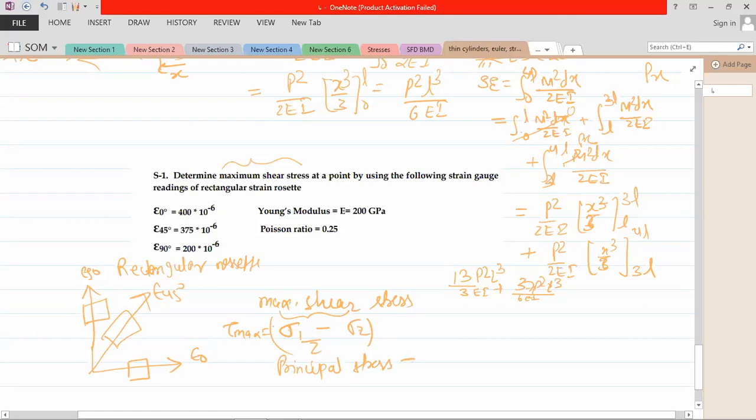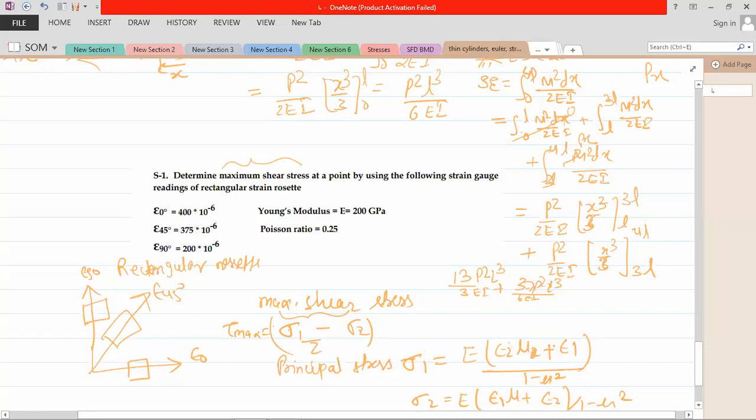The equation I explained earlier: sigma 1 is equal to E upon 1 minus mu square times (epsilon 2 mu minus epsilon 1), just some formula like this, and sigma 2 is equal to E upon 1 minus mu square times (epsilon 1 mu plus epsilon 2). So that was the expression.